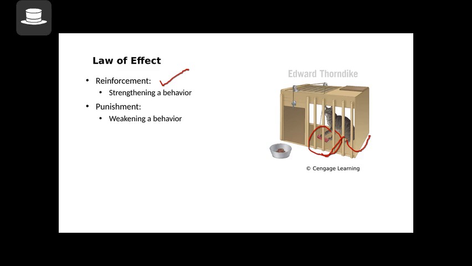This decrease in likelihood of other things that did not give a positive consequence of getting to the food is punishment. So punishment leads to weakening the behavior. Reinforcement leads to strengthening of behavior, and punishment leads to the weakening of a behavior.